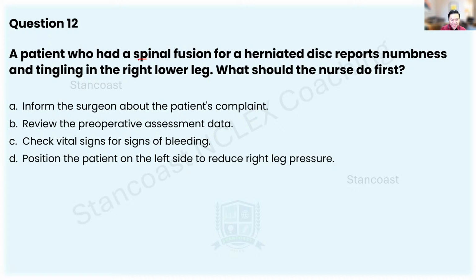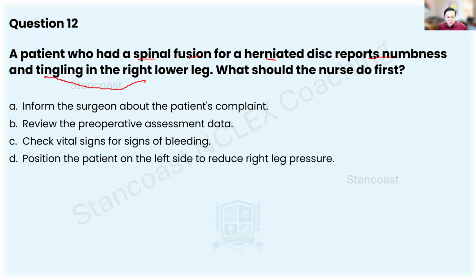So your patient, after a spinal fusion, after they had a herniated disc, they're now reporting numbness, tingling in the right lower leg. So what would be your initial action this time? Are you going to report to the surgeon right away after the patient had complained?